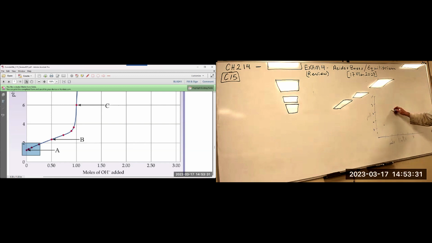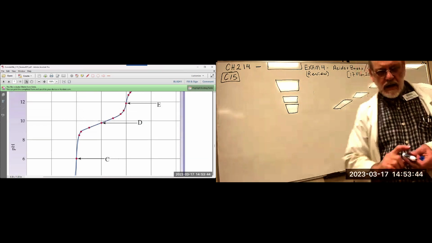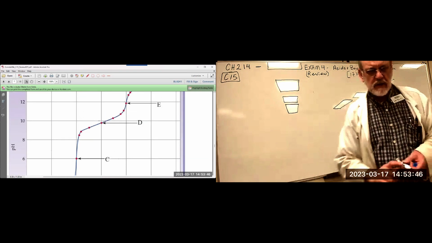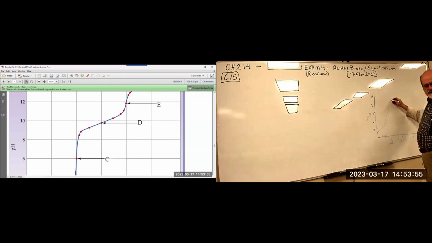And 1 mole right here. So we're going to go up like that, and then we're going to get up to about 8.5 right here before it starts to level off again. And then it's going to flatten out.